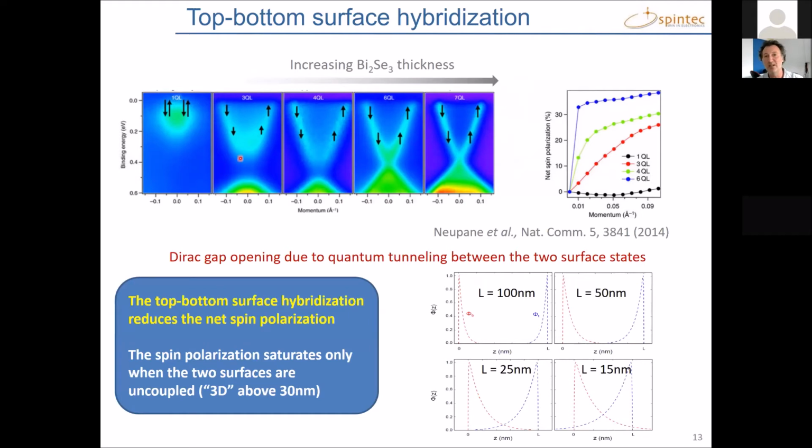And you need to increase the thickness of the topological insulator to really get the nice Dirac cone and decouple the top and bottom surfaces. In the case of mercury telluride, the wave extension is quite large, and we expect a decoupling between the top and bottom surfaces at around 25 nanometers, when we should have the maximum net polarization, the two surfaces being almost fully decoupled.